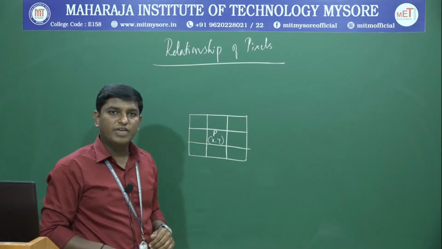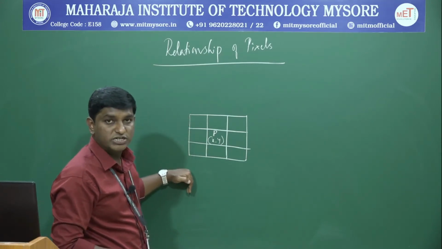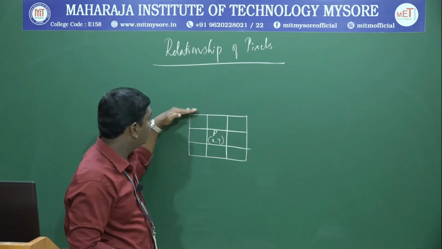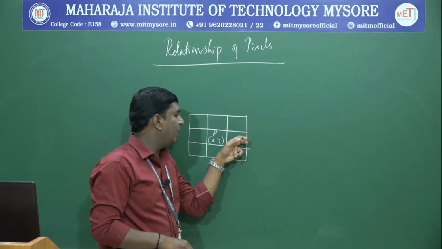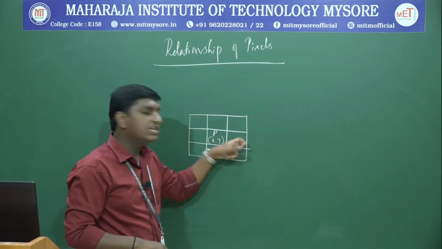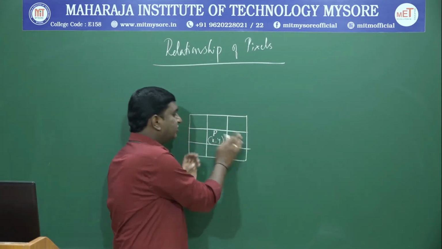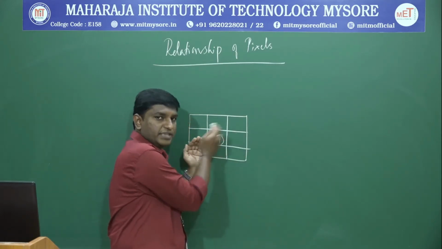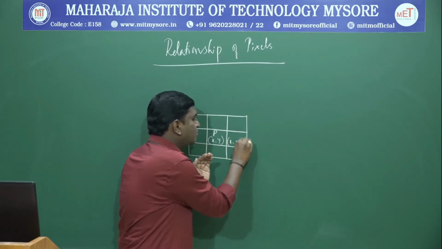In the last class we saw that x grows downwards and y grows towards the right. So the pixel value at this point will be y plus 1, whereas x will remain the same. So the coordinates next to pixel P are x and y plus 1.